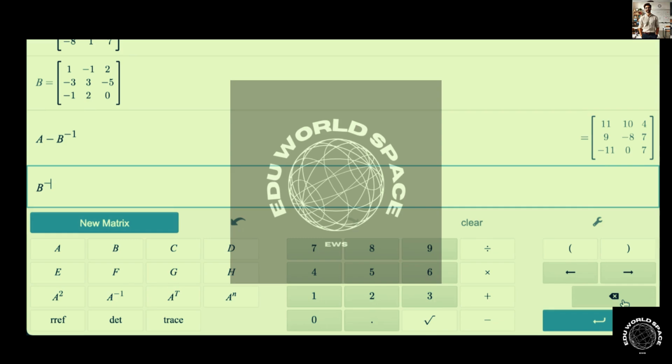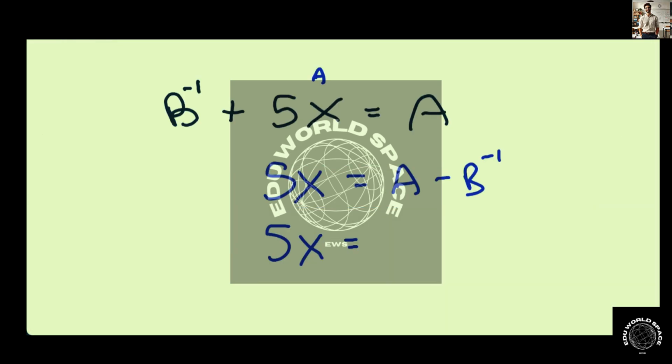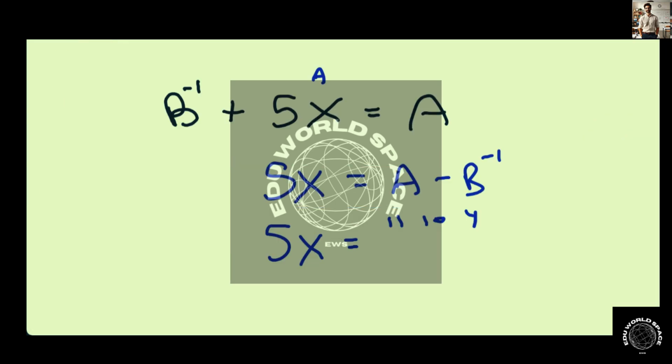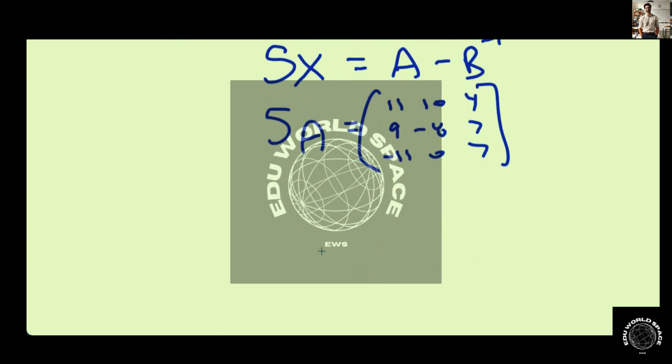So when we subtract, we get 11, 10, 4, 9, -8, 7. All right, and then to solve for x, or what is called A in your equation, you would take 1/5 of each side.